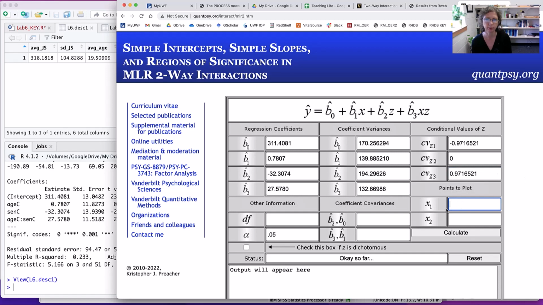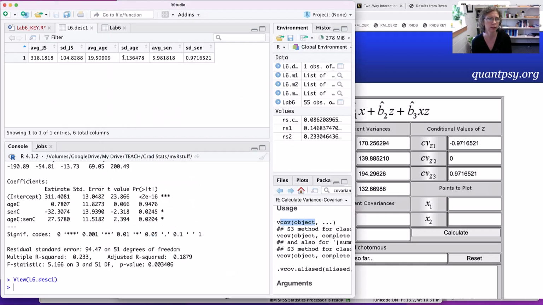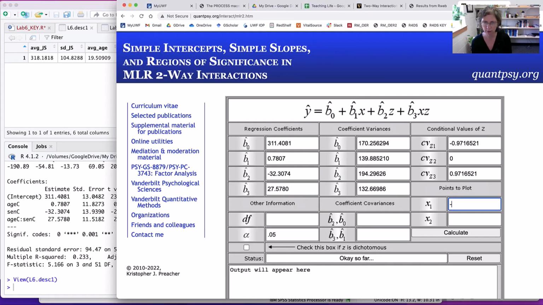Similar for points to plot. This is talking about age now. Where on the age predictor space do I want to plot? Well, I'll go ahead and plot 1 standard deviation above and 1 below the mean. Just because might as well be some numbers. You can put any numbers as long as they're apart from each other so that you can have 2 points on your plotted plane.